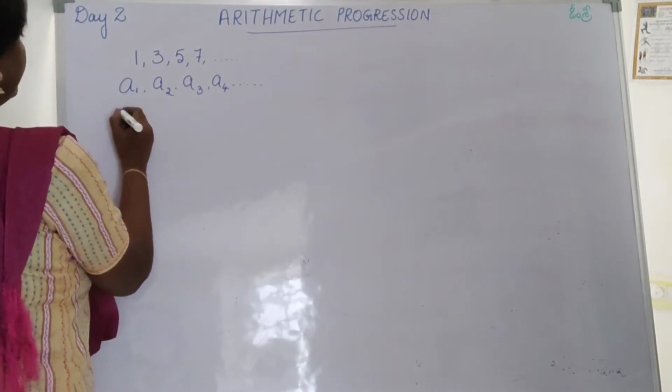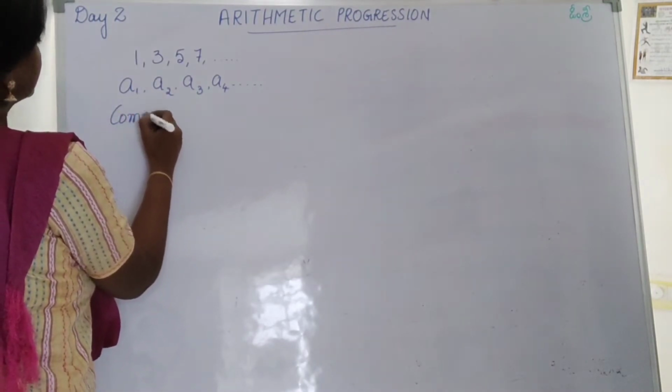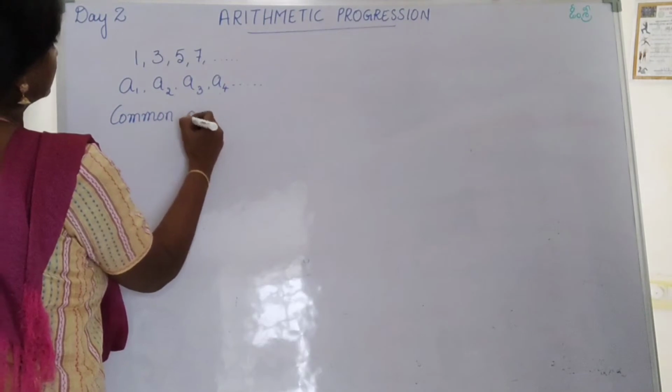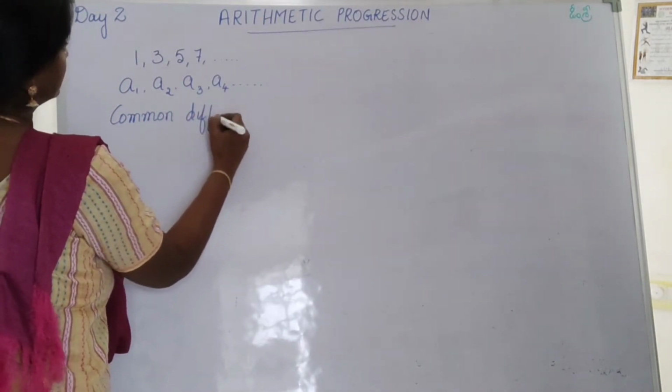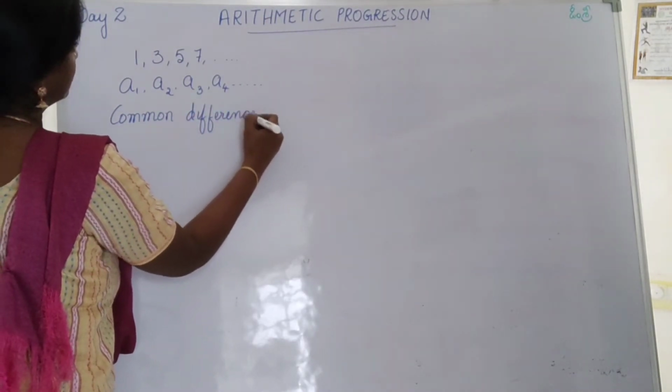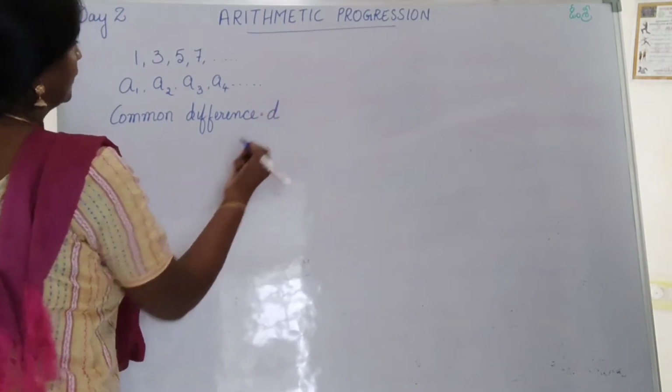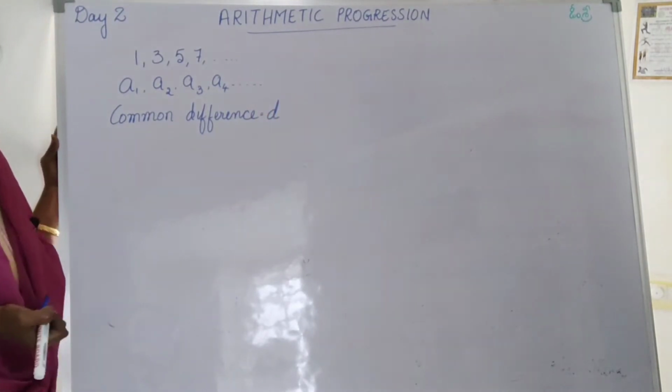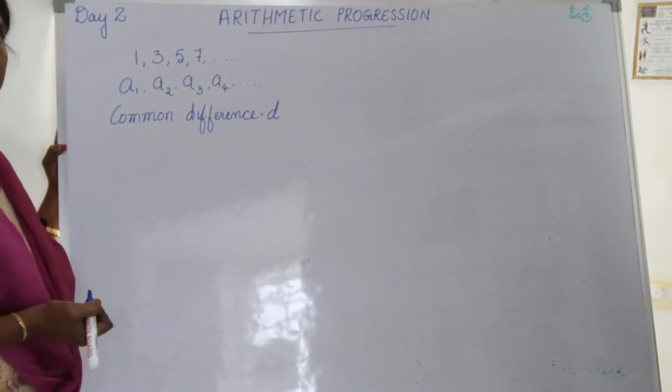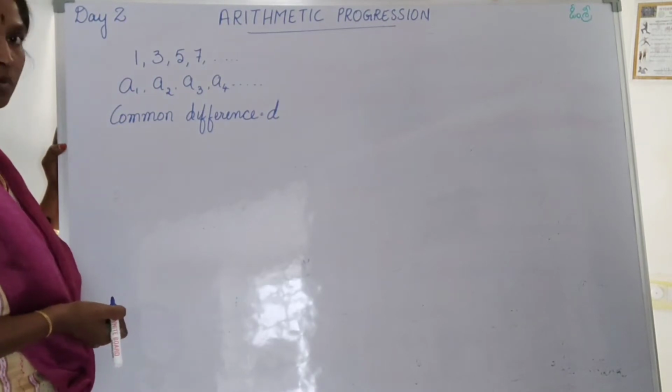And the common difference will be represented by the small d, that is the English alphabet small d.